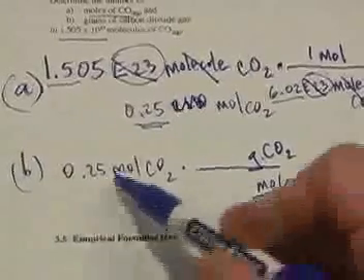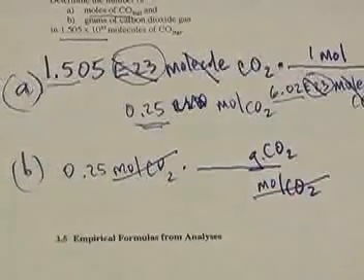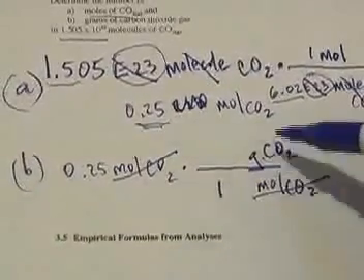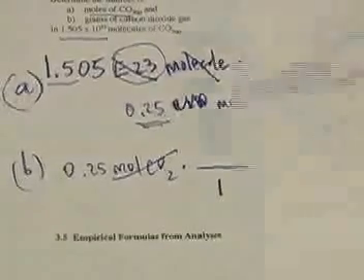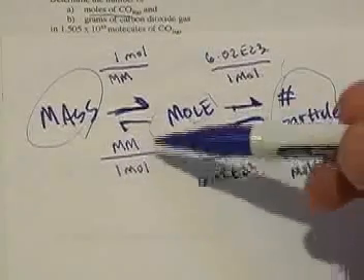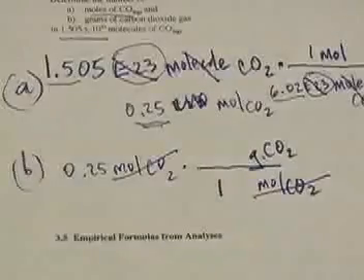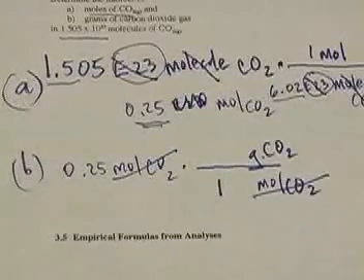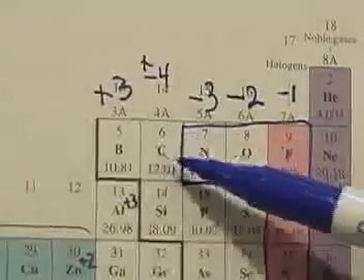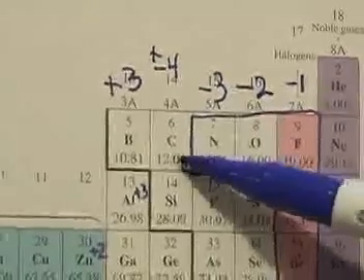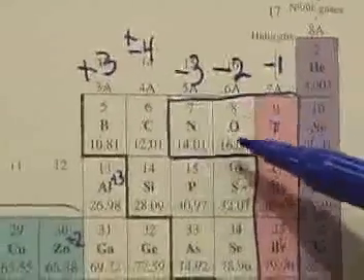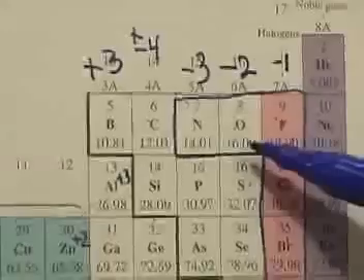Notice how the moles of CO2 and the moles of CO2 will cancel. And in 1 mole, how many grams are there? Notice on my chart here, I put 1 mole on the bottom, the molar mass on the top. And the molar mass I want to know is carbon dioxide, CO2. Carbon is 12. I'm just going to round it to 12. I'm not going to worry about the 0.01 right now. And oxygen is 16, and there's 2 oxygens.